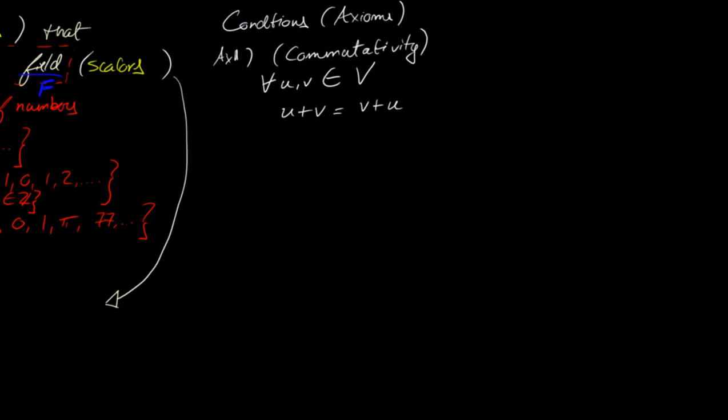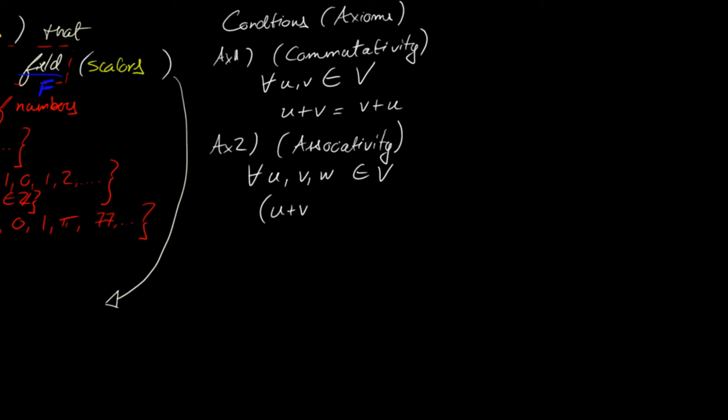The second axiom is associativity. This axiom says that for all u, v, and w, so this time we have three vectors that belong to my vector space V, u plus v, plus w, is equal to u plus v plus w.